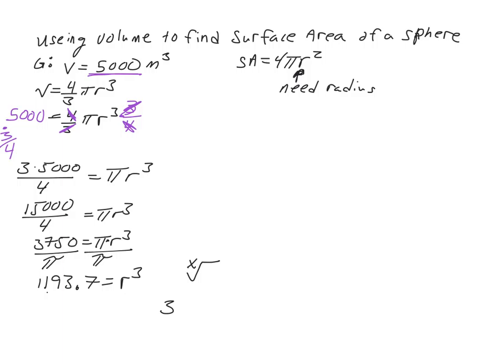I hit the button 3 and then I hit the button that's x square root, and then I put in 1,193.7, and then I hit the enter button.